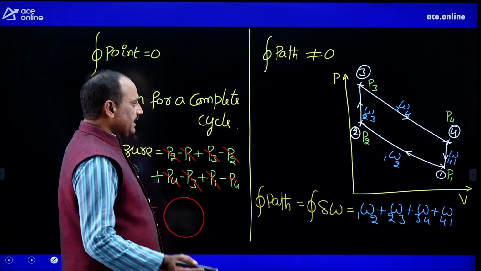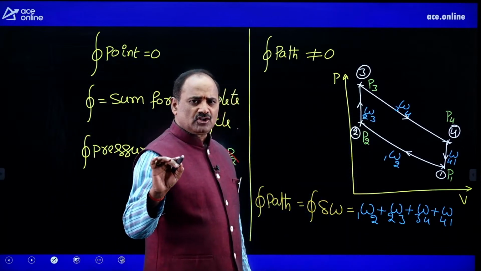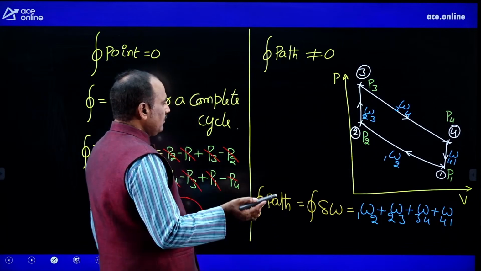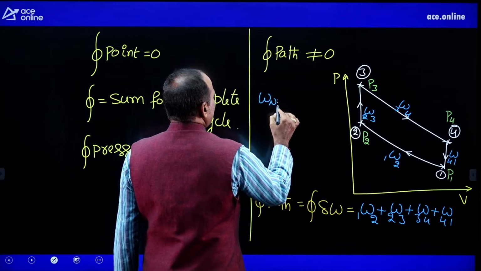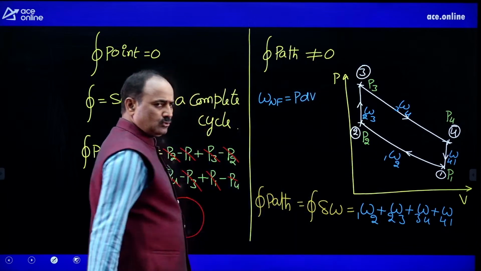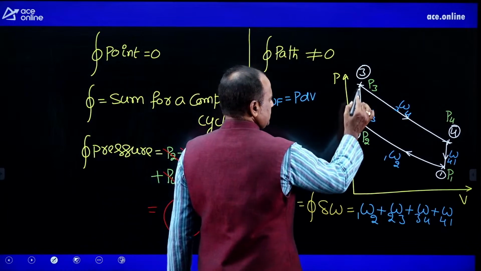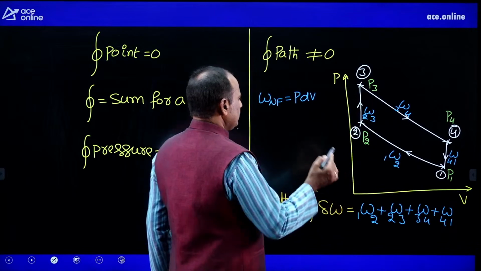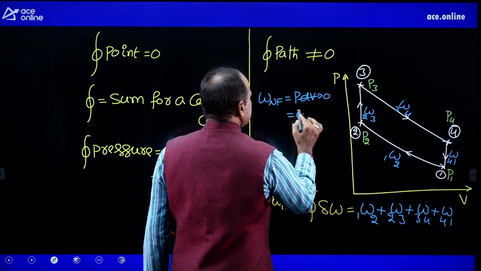And one more important piece of information is that a thermodynamic cyclic process is possible only with a closed system. Then what is the closed system work interaction formula? Non-flow work equals integral 1 to 2 PdV. Now look at the 2 to 3 process. For the 2 to 3 process the change in volume is 0, therefore dV is 0 and the non-flow work is 0.